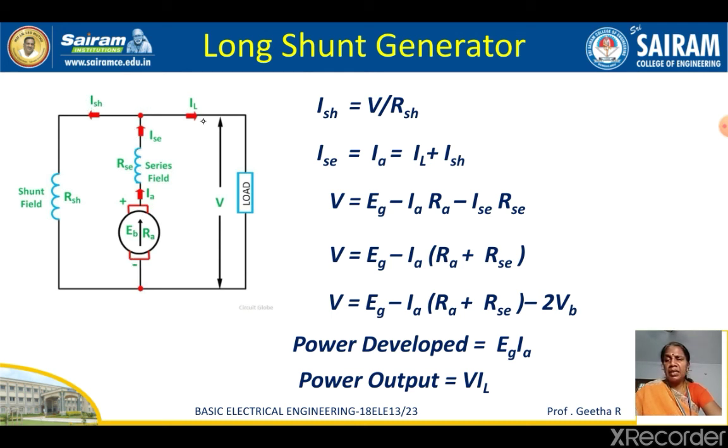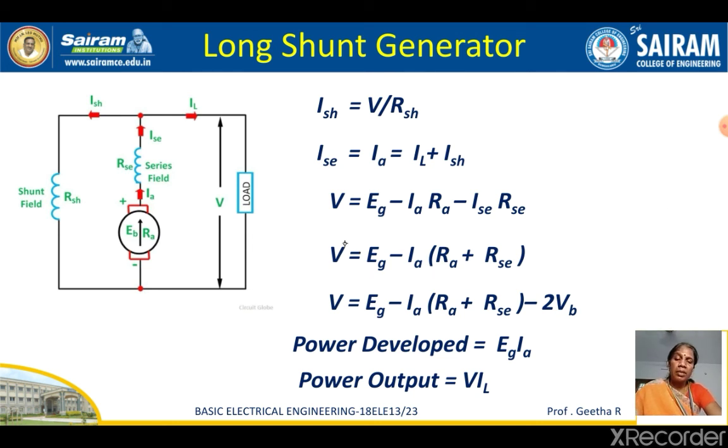When you apply KCL here, ISE or IA is equal to IL plus ISH. V, the terminal voltage, is nothing but EG minus IARA, that minus ISE into RSE gives you the terminal voltage. ISE is nothing but IA, so when that is substituted here, IA can be taken common.